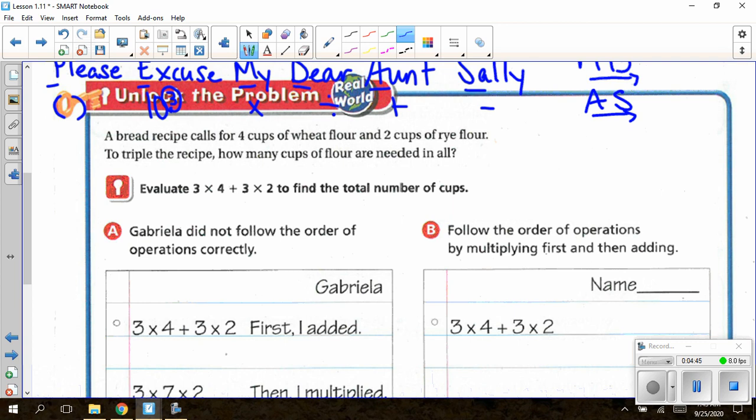We need 4 cups of wheat flour, so we multiply that by 3 to triple it, plus 3 times 2. The 2 comes from the 2 cups of rye flour, and the 3 is because we are tripling it.